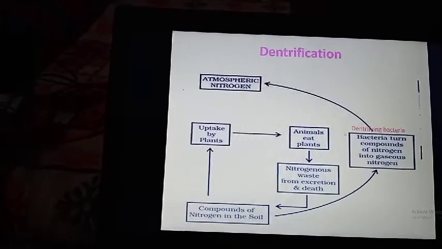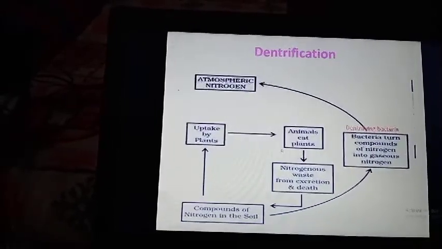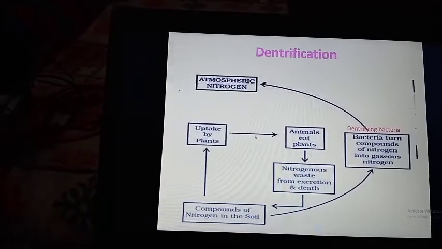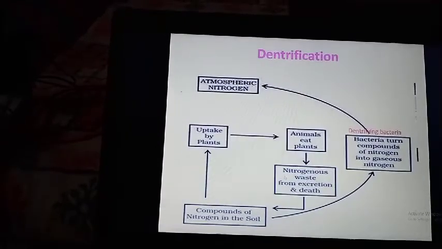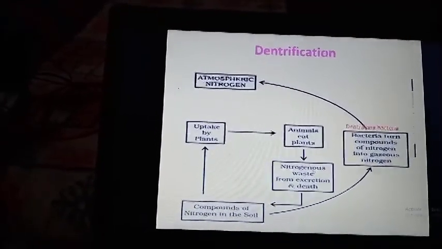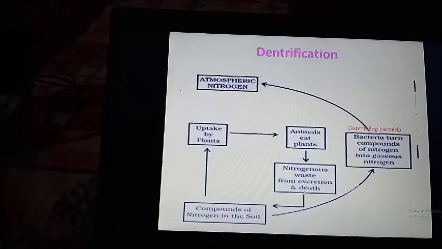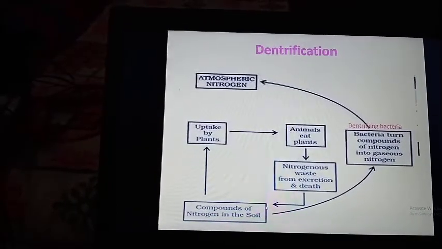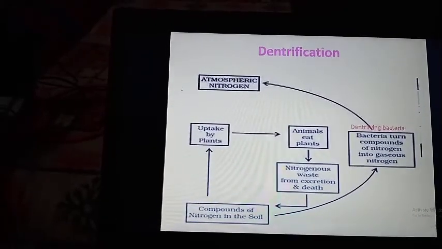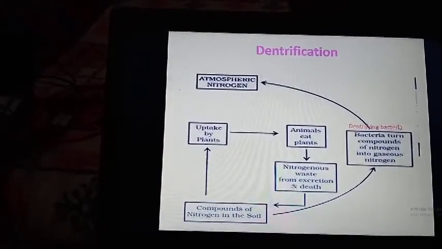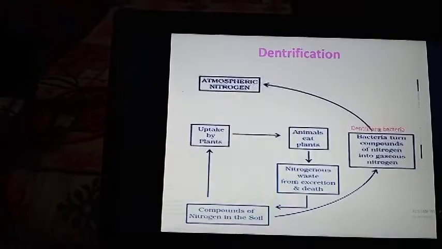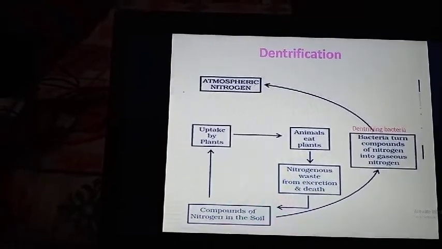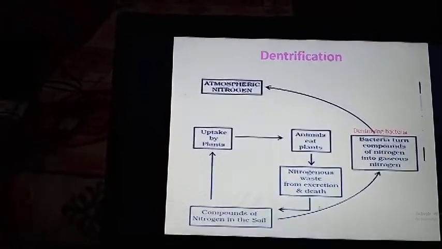When animals excrete or animals and plants die, they form nitrogenous waste. This nitrogenous waste is decomposed by the decomposing bacteria, and the nitrogenous waste is converted into ammonia and nitrogen gas.